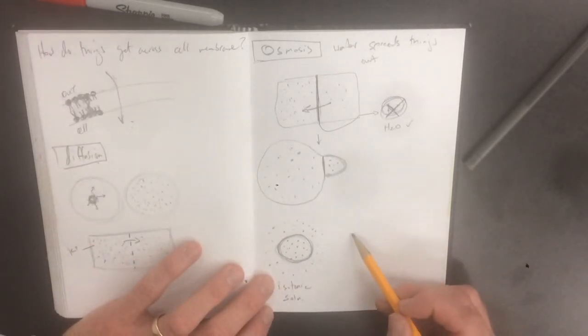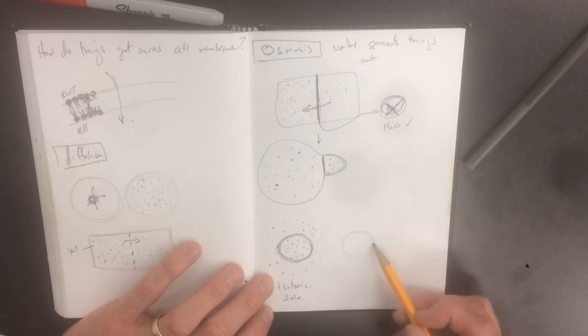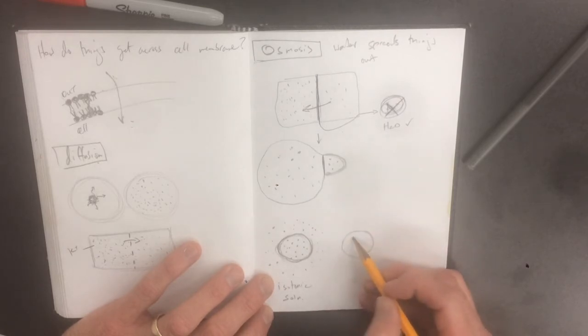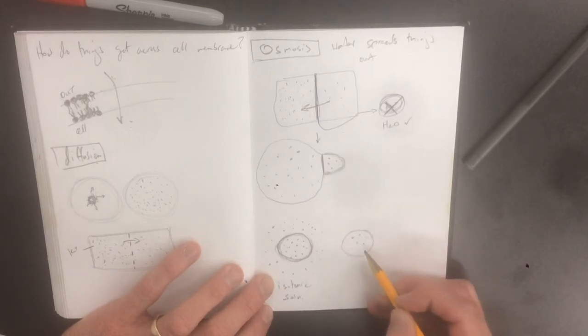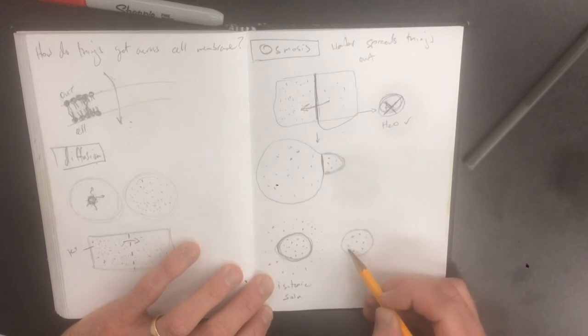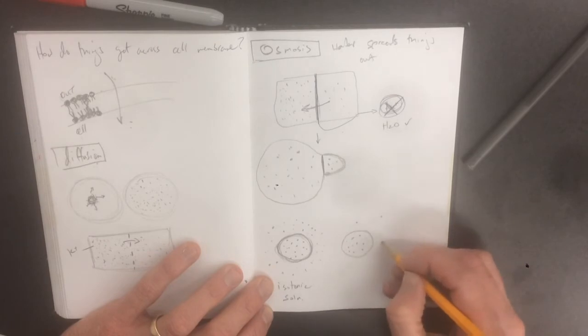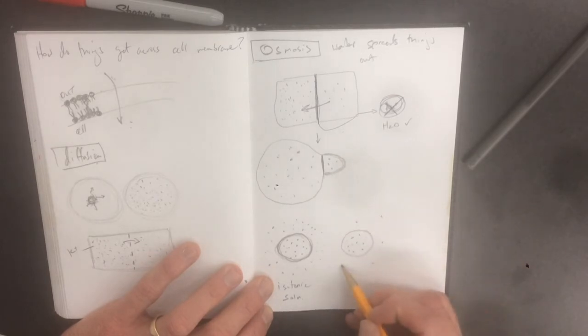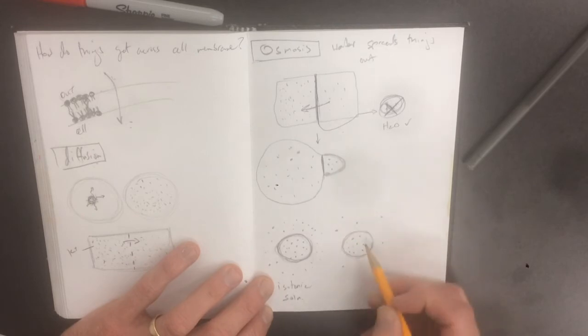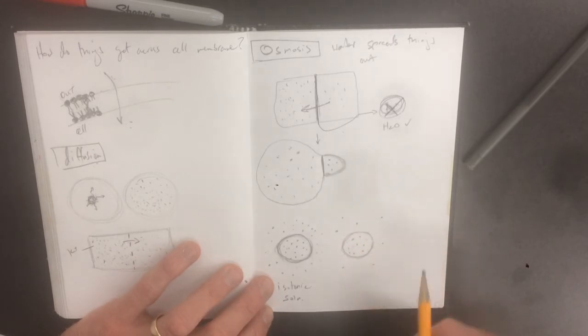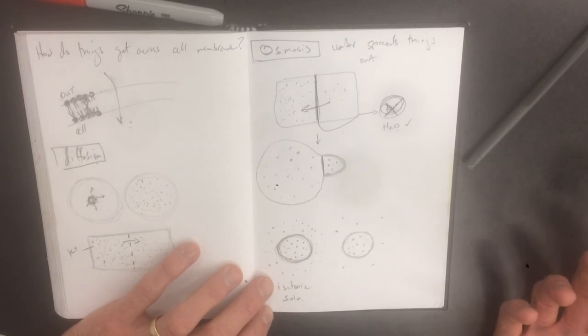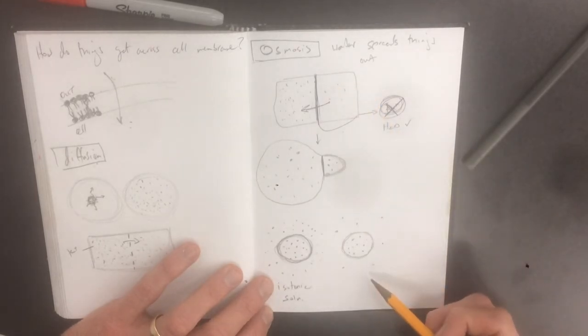Now the second example, let's imagine that we have our cell with all the little particles on the inside, but on the outside, we have a solution that has a very low concentration of particles. Now these particles can't move across the membrane really easily, but water can, and it's going to. We're going to have some osmosis.